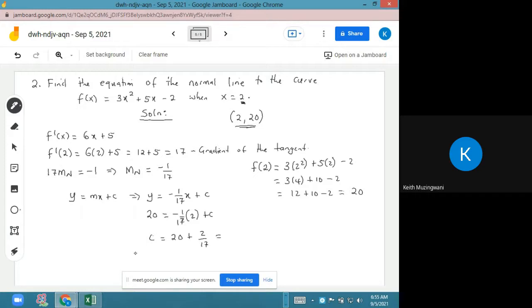We can simplify this: 20 times 17, we get 340, plus 2, which is going to be 342/17 as our c.